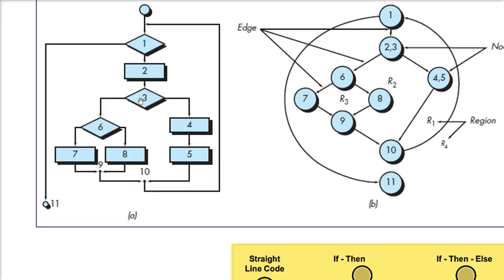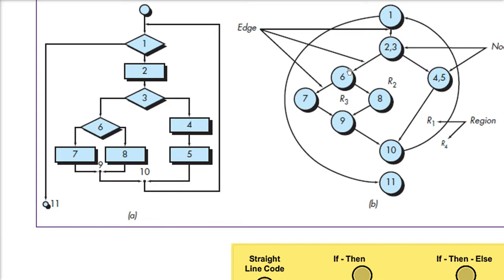So 3 will take you to 4, and 3 will take you to 6. So we have to have a node for 4, a node for 6. Let us combine this. But what do you see here? 4 and 5 are simple boxes. There is just processing, no condition, no if else, no logical construct. So 4 and 5 will combine. We'll make a node. Now coming to 6.